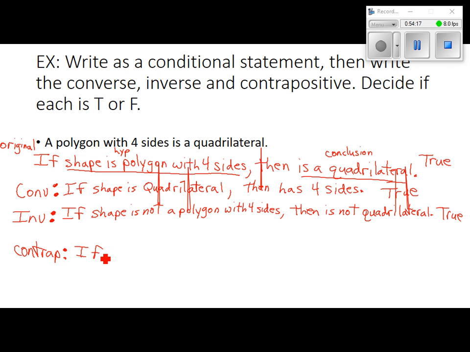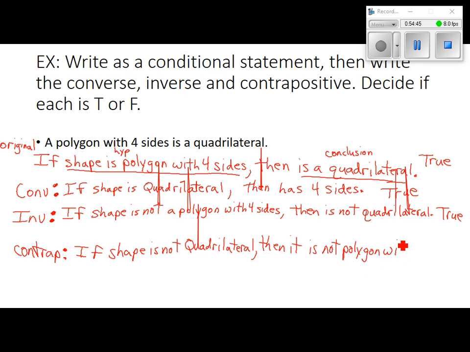If shape is not a quadrilateral. Everybody agree with that so far? Yeah. If a shape is not a quadrilateral, then it is not a polygon with four sides.